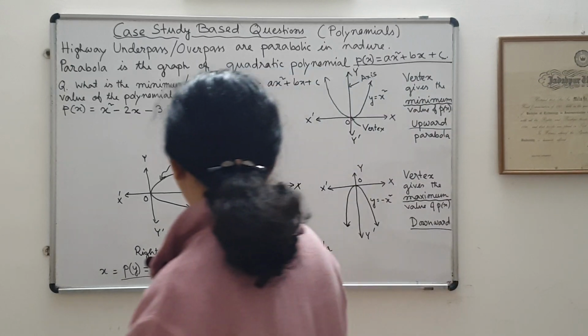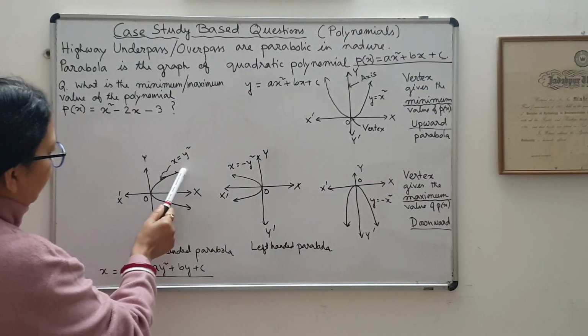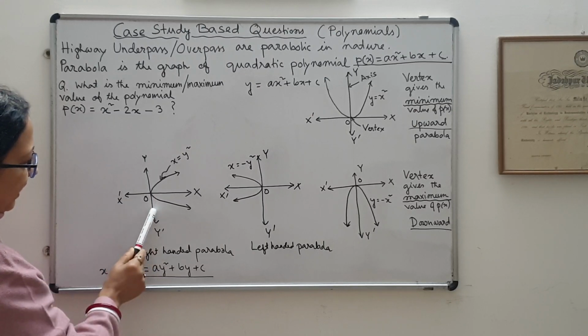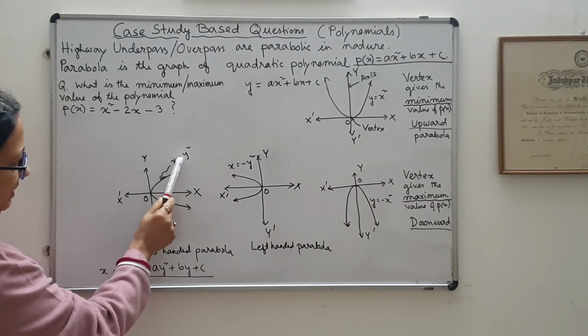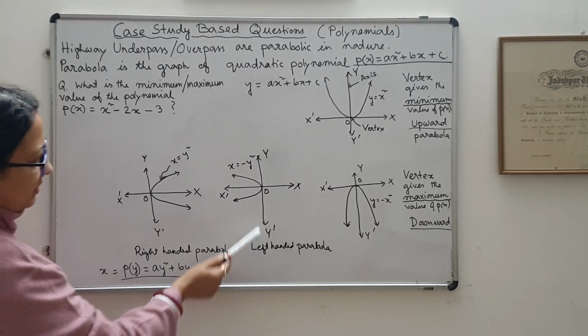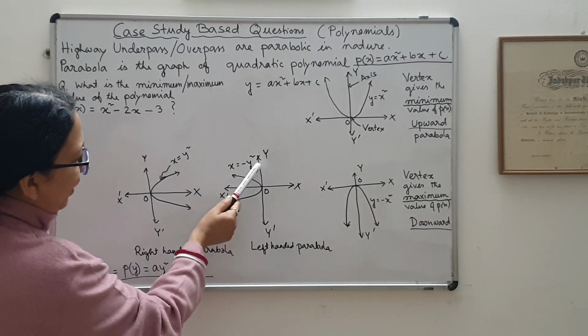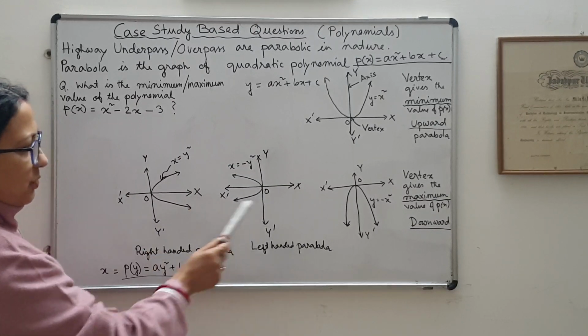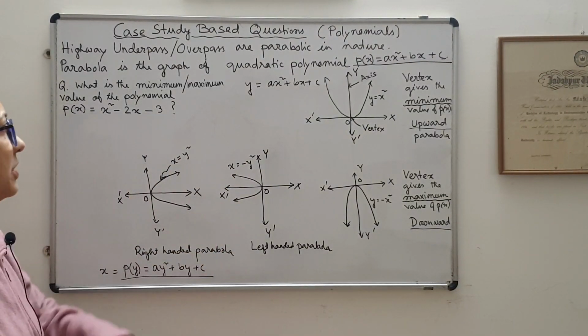Similarly here also, this is your right-handed parabola. Here also, whether your y is positive or negative, x will always be positive. So it is right-handed, and in this case, whether your y is positive or negative, x will always be negative. So it is left-handed. So in this way we can understand these are the four types of parabolas.